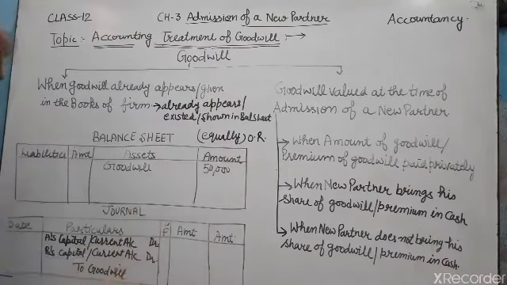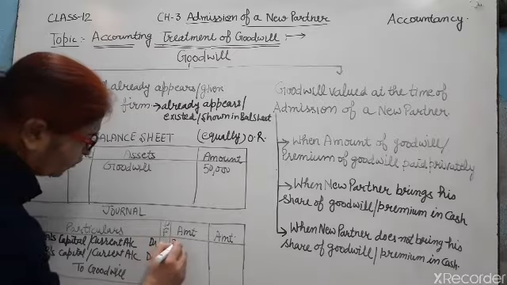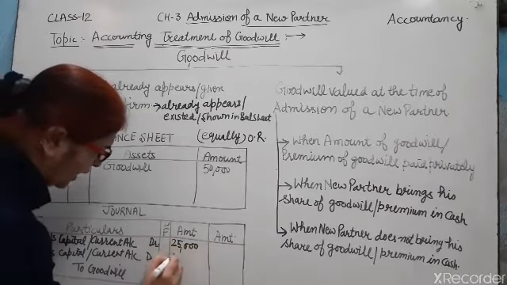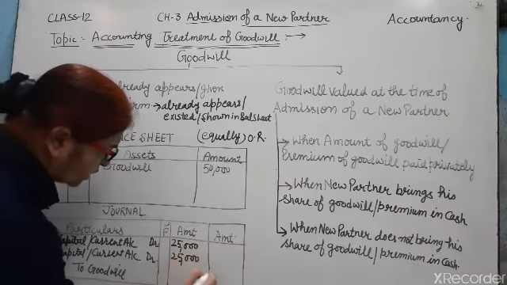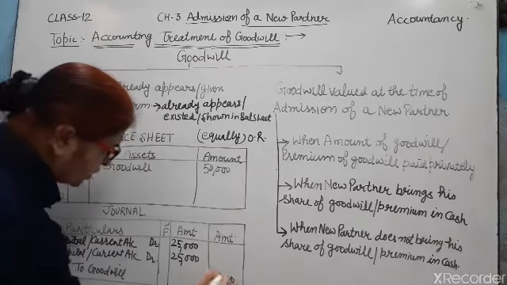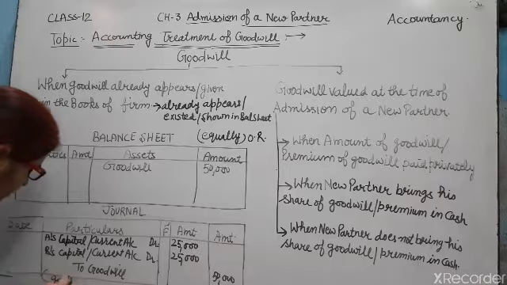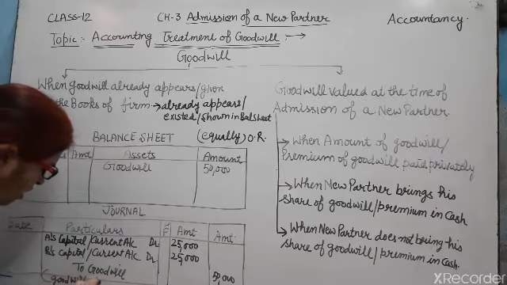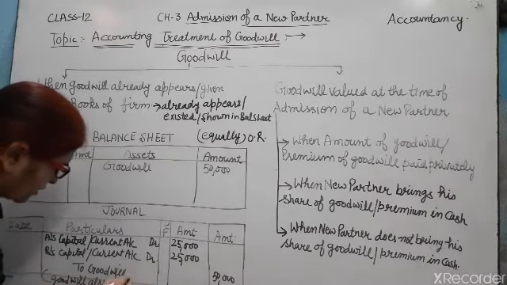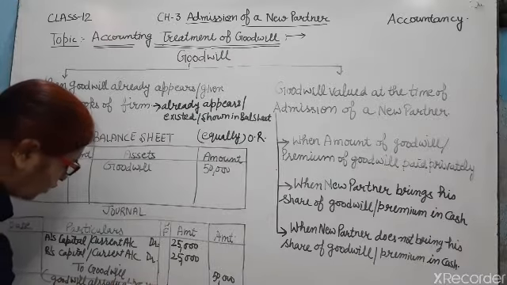That means with two partners, each partner gets 25,000 and 25,000. And we write the narration: goodwill already appears and now written off.